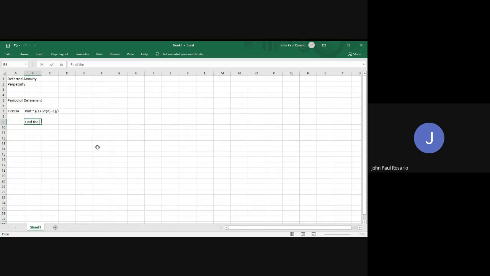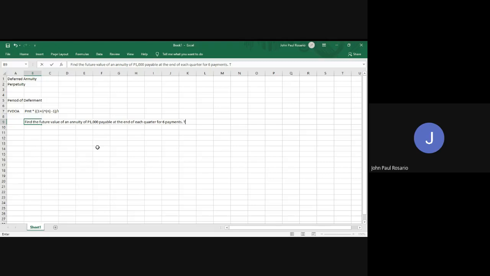So, find the future value of an annuity payable at the end of each quarter for 6 payments.